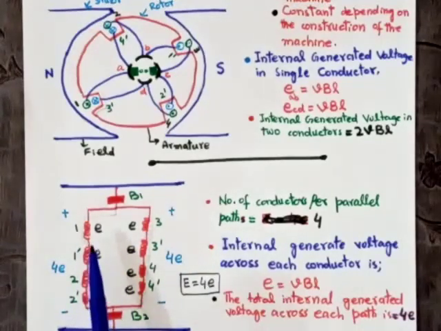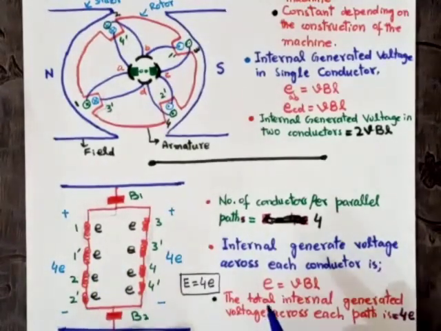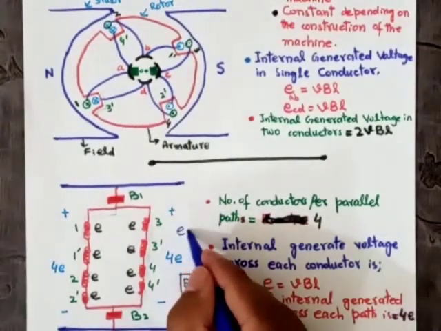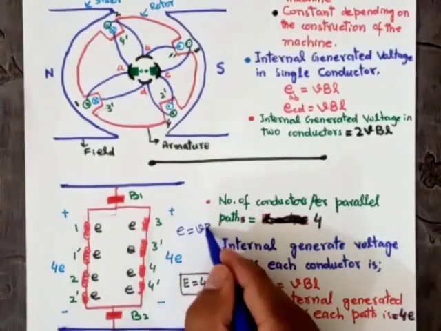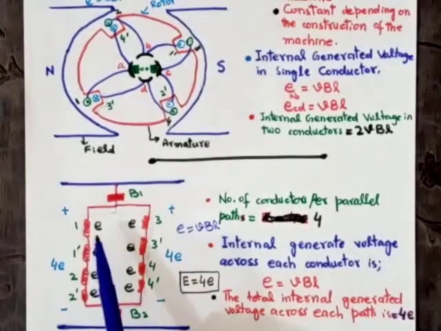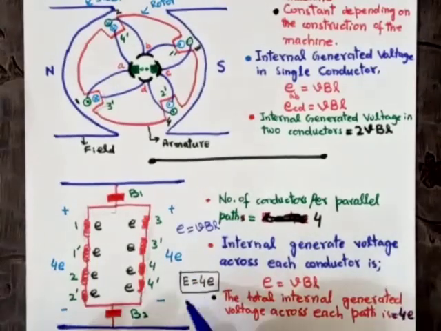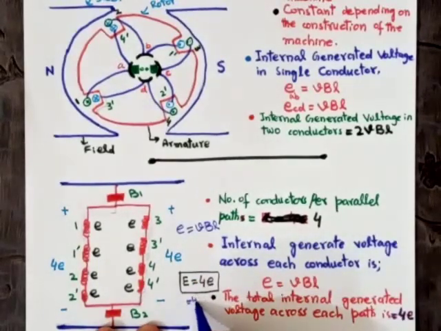As we know, in case of a single conductor, the internal generated voltage is E = vBL. The voltage across the 4 conductors will be E_total = 4E, or 4vBL.